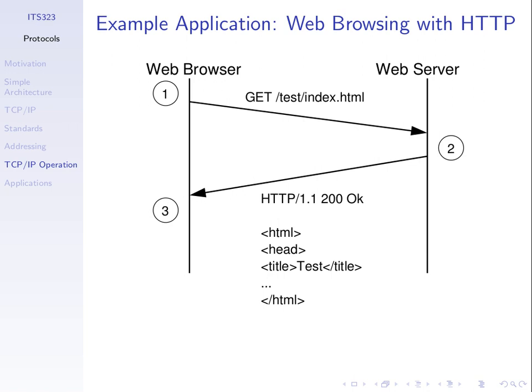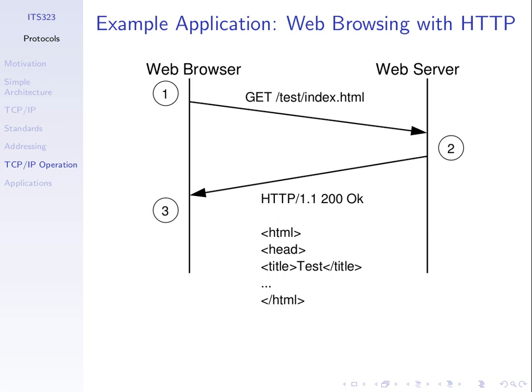What the server does at point 2 is check, does that file exist on my server? And remember, when I created the file on the server, I created it in some directory. If it exists, and it will in our case, and everything's okay, the server sends back a response.